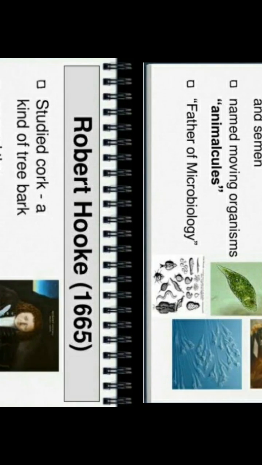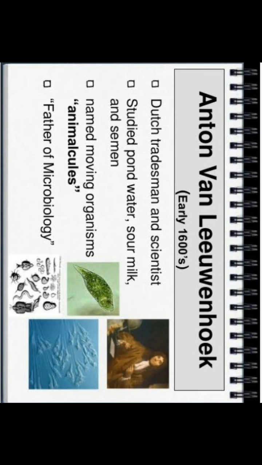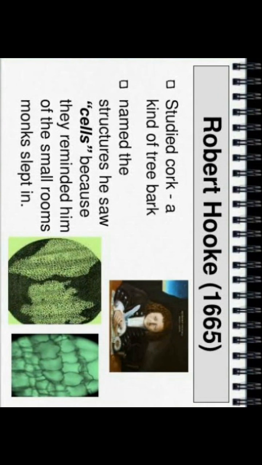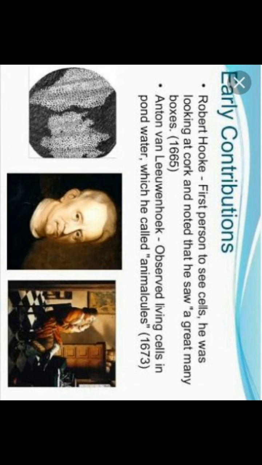Right now, another important scientist's contribution, Antony van Leeuwenhoek, in the 17th century. As we discussed just now, he discovered the cells in the year 1673. You can see on this slide, 1673, later than Robert Hooke, right?